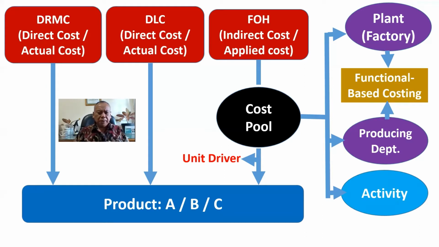The producing department is part of the organizational units. That's why we call it functional based costing, because we accumulate the manufacturing costs based on the organizational units. Organizational units can be the plant or the producing department.